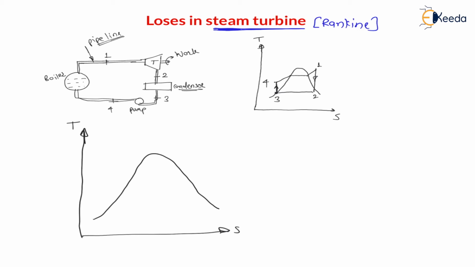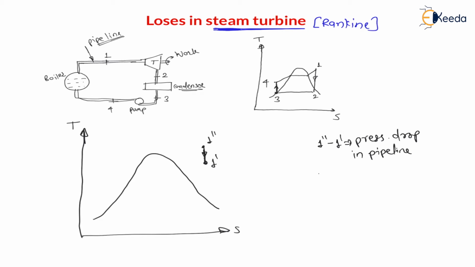Let us say I am drawing here 1 double dash to 1 dash, pressure drop in pipeline. Because of pressure drop, entropy remains constant but the temperature drops. Therefore 1 double dash to 1 dash is the pressure drop in pipeline.